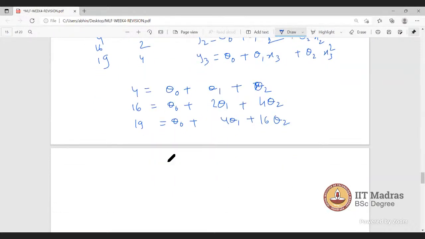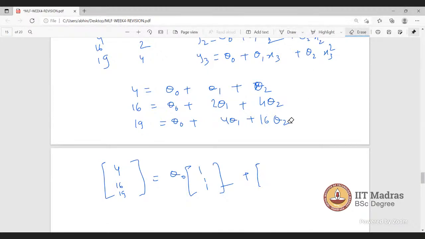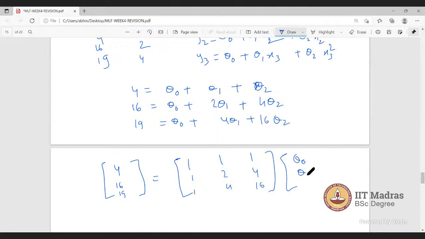So I can write it in matrix form as 4, 16, 19 equal to, with theta naught we have 1, 1, 1, with theta 1 we have 1, 2, 4. We can give a more compact notation: 1, 1, 1, then 1, 2, 4, next 1, 4, 16, whole into theta naught, theta 1, theta 2.